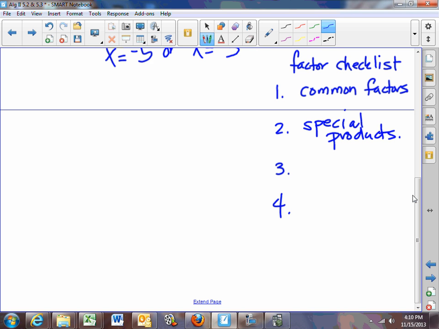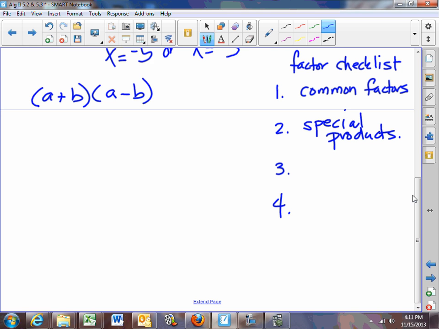Now, it turns out that there are two special products that we really want to focus on in this particular section. The first special product is what happens when we have a binomial with the sum of two numbers, and then that's multiplied by a binomial with the same two numbers but the difference of them. In other words, (a plus b) times (a minus b).